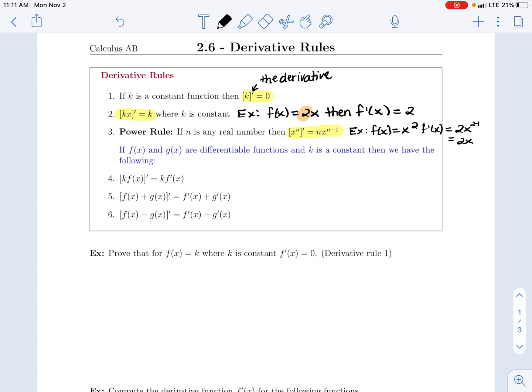This is going to make our life a lot easier in terms of computing derivatives of functions, because as you remember, we had to use that long limit definition of the derivative, and then do a lot of algebra solving the limit, and then from there it would give us what the derivative function was. So now what I'm going to do is introduce you to what we call math proofs.